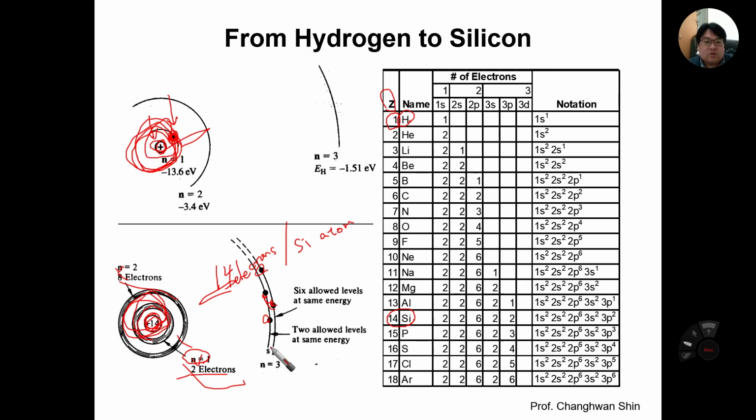However, as you have seen here, the orbit corresponding to primary number 3 is at quite a long distance between the 14 positive charges and the orbit for primary number 3. Since we have used 10 electrons to fill the orbits for primary numbers 1 and 2, only 4 electrons are left.